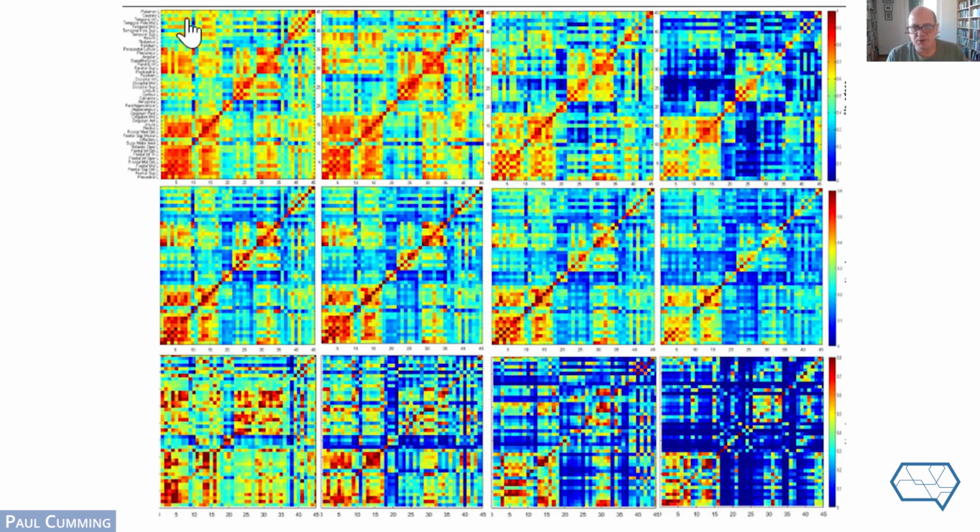These are correlation matrices. So rather than considering an individual brain region, here we see FDG PET results in a whole series of subjects. Each one of these matrices is a grid, and it shows the correlation matrix between glucose consumption in 45 different regions of the brain, correlated with every other 45 regions.